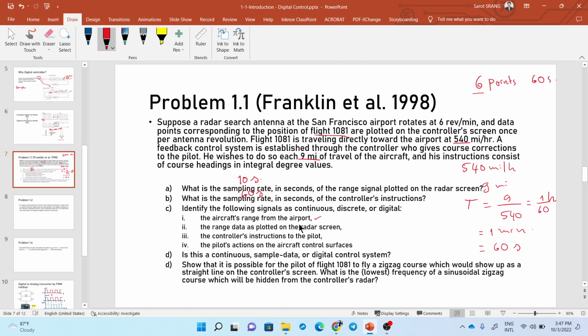Aircraft range. Maybe it's continuous because the radar spotted one time. Yeah, it's continuous, but not in that sense. It's continuous if we assume that the speed is continuous. So at any time you select, you can calculate the range, right? So it is considered continuous.